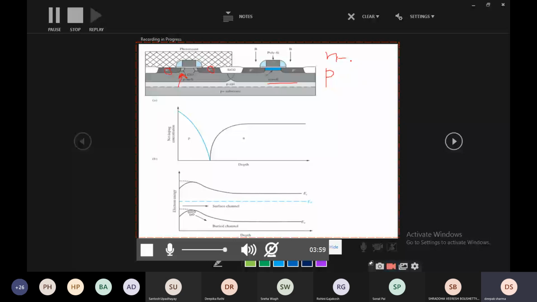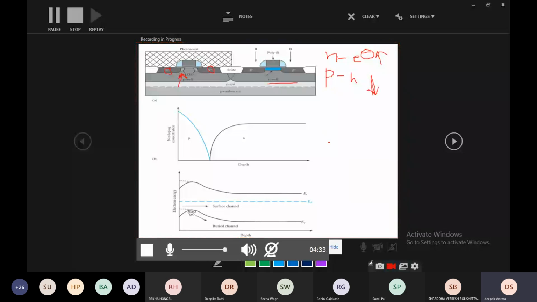Holes or electrons? Electrons. Yes. So here in N channel MOSFET, we have electrons as the majority carriers, and in P channel MOSFET, we have holes, right? The mobility of electrons is more compared to the mobility of holes. This thing we know, right? In the starting classes, we had seen this concept.